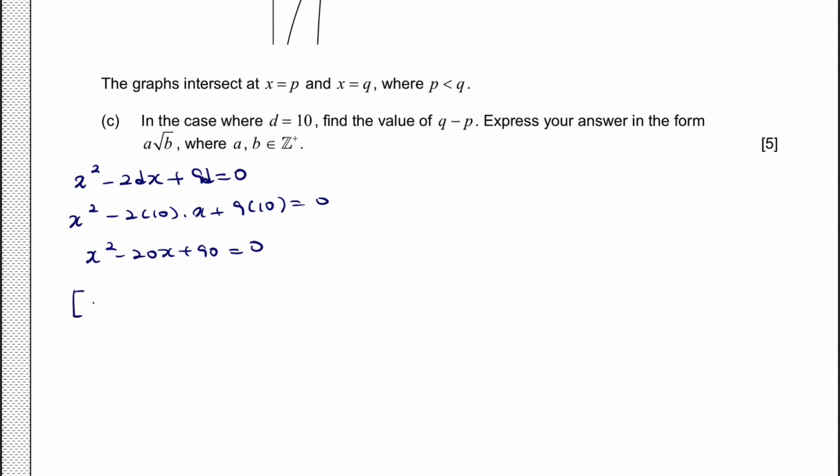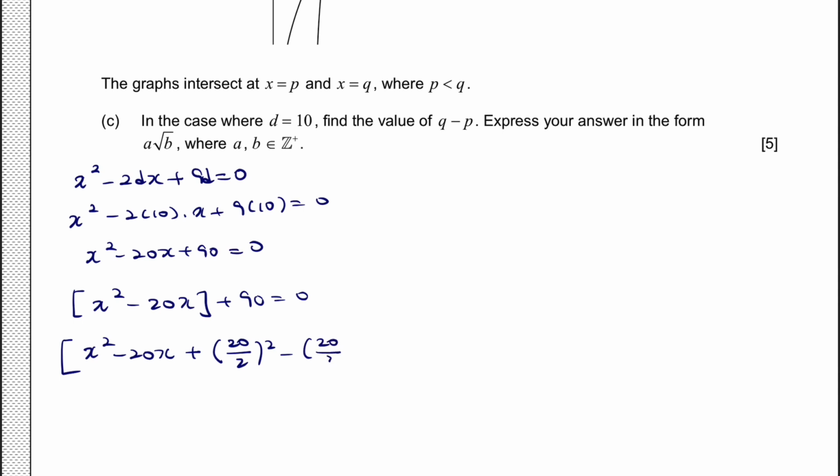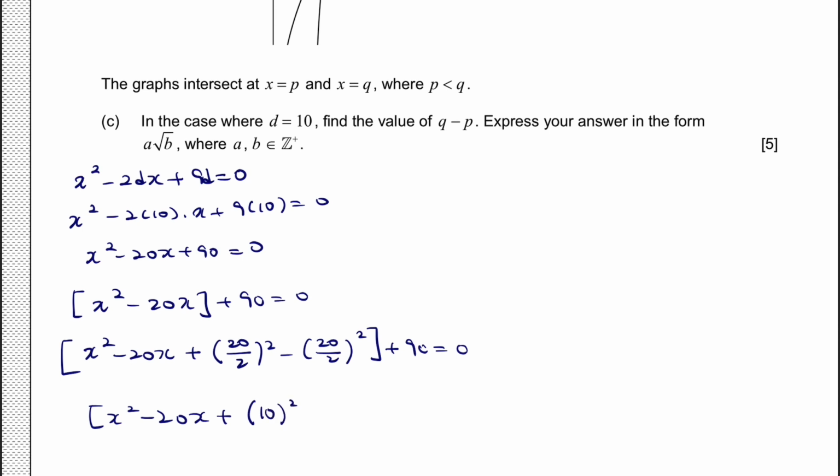So we can first separate the first two terms like this using the square. Then this is the same as x squared minus 20x plus (20 over 2) squared minus (20 over 2) squared plus 90 equals 0. Then this is the same as x squared minus 20x plus 10 squared minus 10 squared plus 90 equals 0.